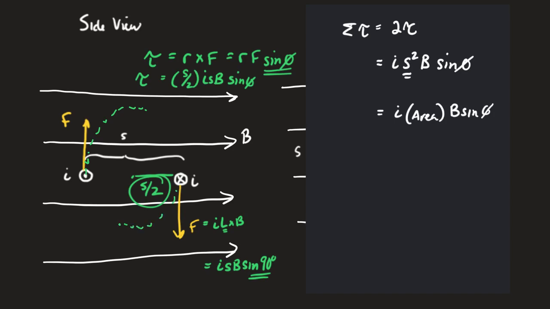And when I make it just past center here, I want the current to switch. I want suddenly this to become the current that's into the page, and this to become the current out of the page, because then instantly this one gets the downward force and this one gets the upward force. Thus, my power stroke begins anew.